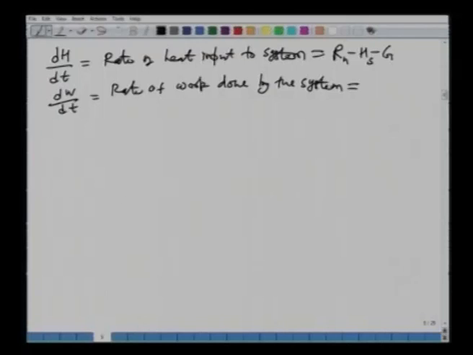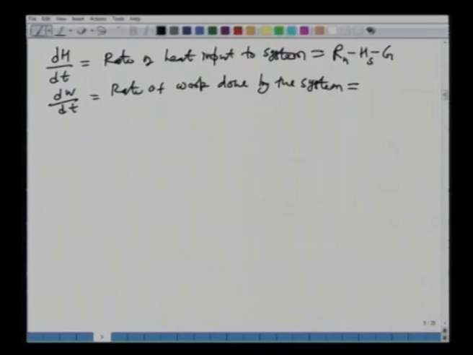So, with that background in mind, is there any source of work, either being imparted to this system or taken away, other than what we have considered as Rn, Hs and G, that will constitute the rate of work done on the system? Obviously, there is no other source or sink in this system.